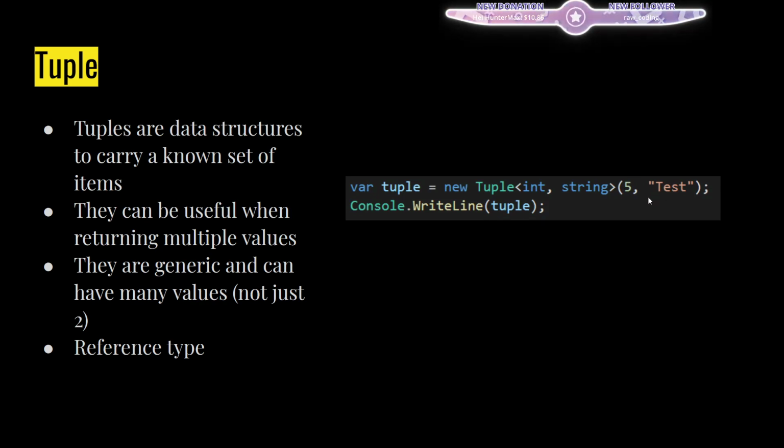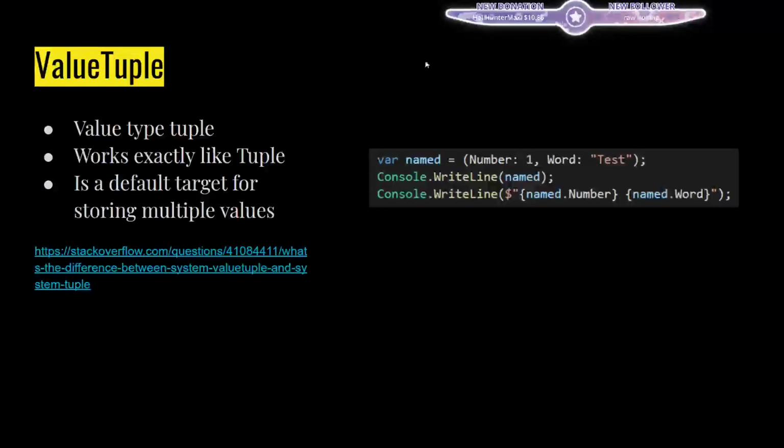Tuple is not very convenient by itself. The simple tuple is not very convenient because in order to access its values, you'll also have to write tuple.item1, tuple.item2. It works, but it wasn't very convenient before, and therefore it didn't see much daylight before. However, it changed quite a bit when value tuple was introduced.